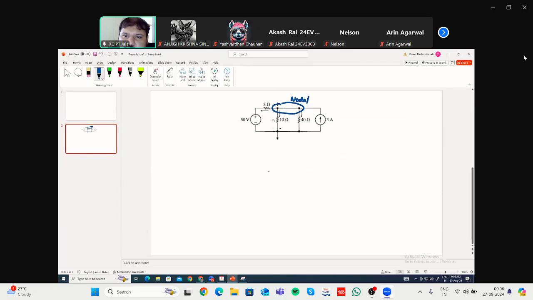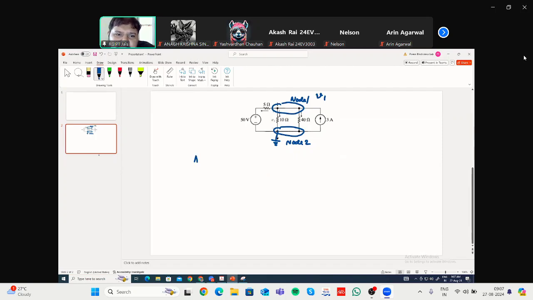This is another node, that is node 2. Now, if you count the number of branches ending at node 1 and node 2, they will be the same, so you can consider either node to be the reference node or ground. So we are considering node 2 to be at ground. Then node 1 has some unknown potential, so we will consider V1 as the unknown voltage at node 1.